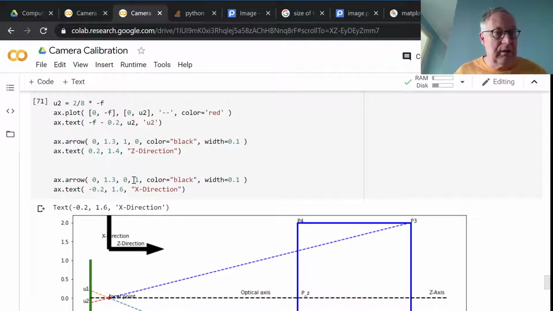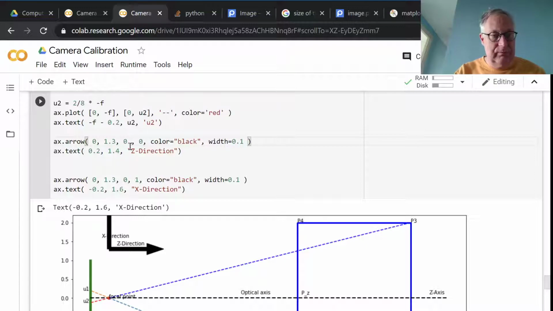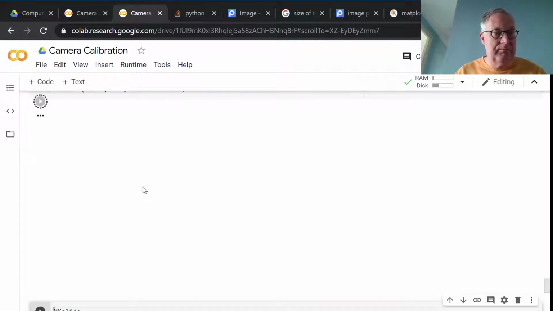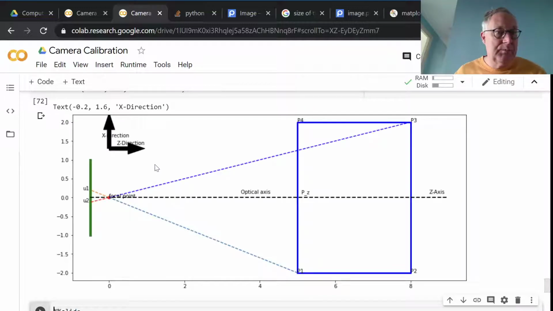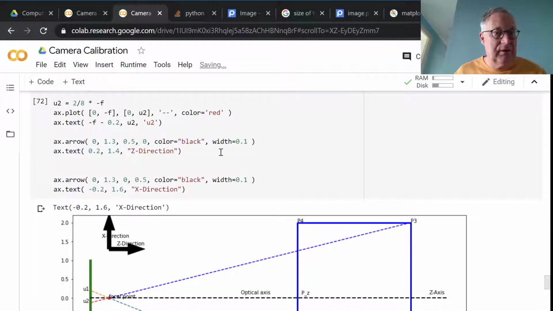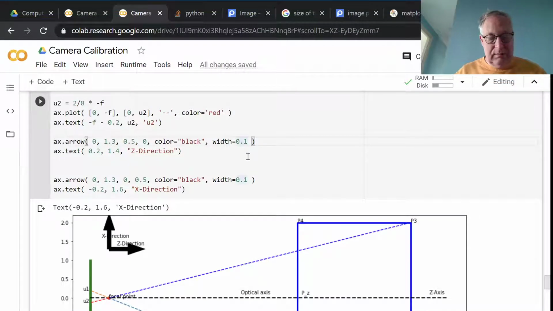And let's make the arrow not quite so long. So 0.5. So this is the Z direction, this is the X direction. Let me see if I can color equals blue.